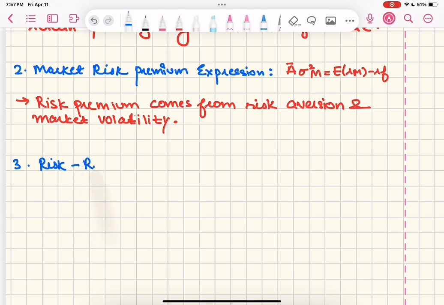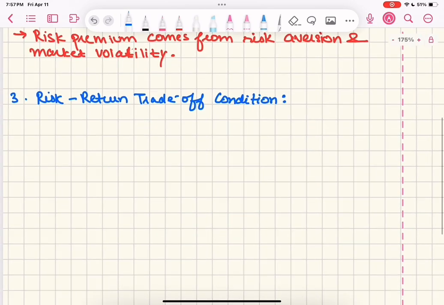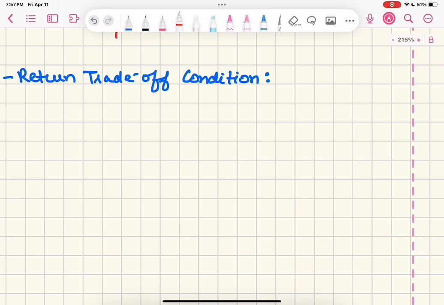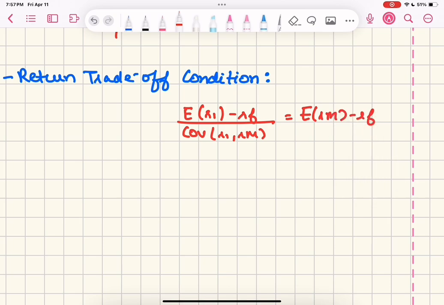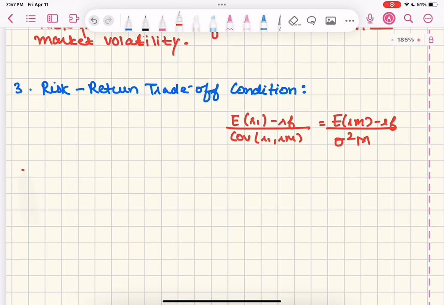Now, the third formula we're going to talk about is the risk-return trade-off condition. So the formula looks like this. Now we are also talking about covariance in this formula, to know the correlation of what is going on.